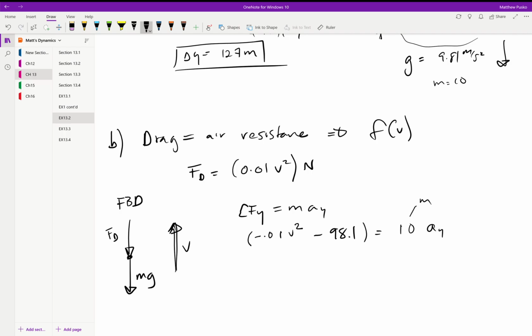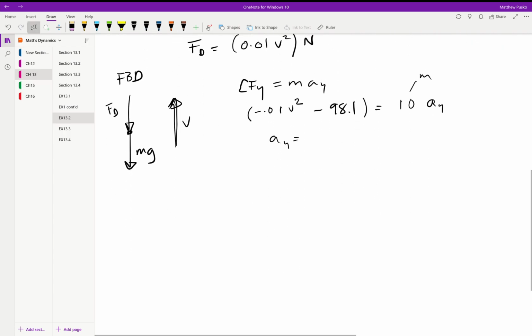Alright, moving the 10 to the other side, I get the acceleration in the y direction equal to a negative 0.001 v squared minus 9.81. Now this is acceleration as a function of velocity. Let's use a dz equals v dv. This is, or it could be dy, I guess.